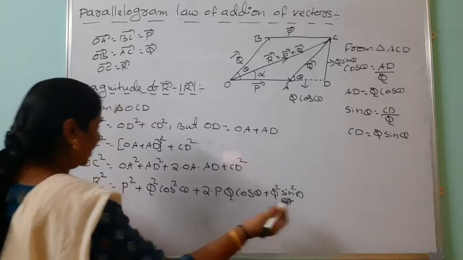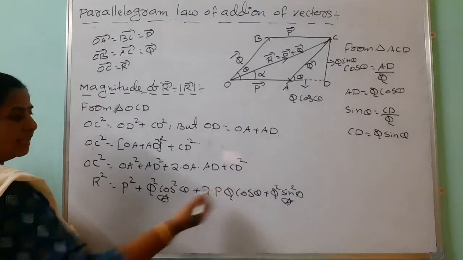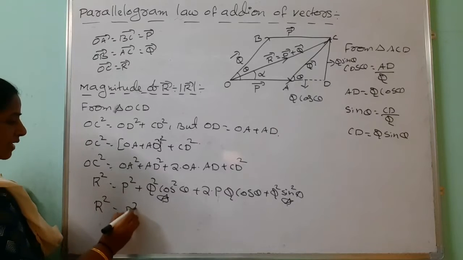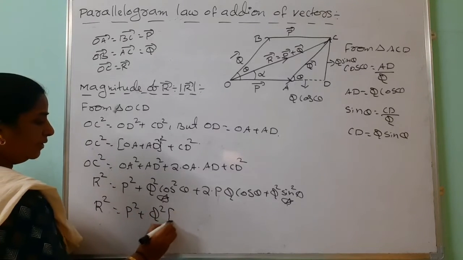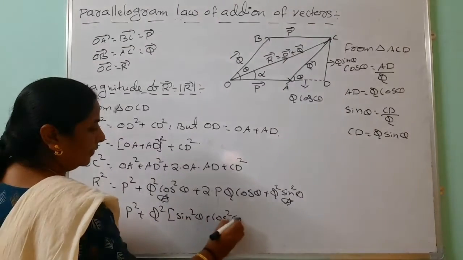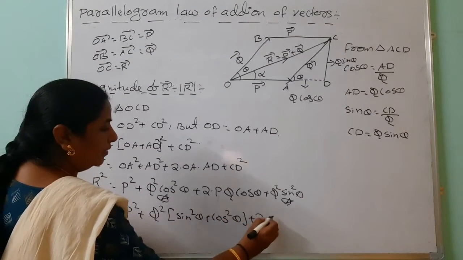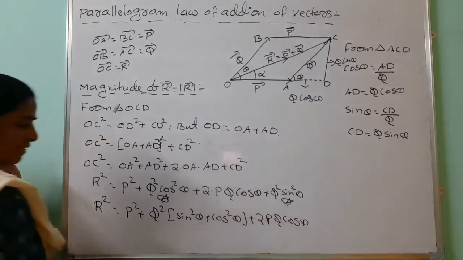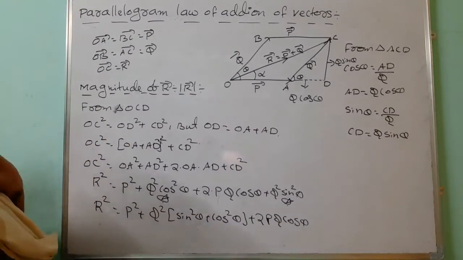Now you see these two expressions. In both cases Q square is common. So R square equals P square plus Q square into sin square theta plus cos square theta, plus 2PQ cos theta. But instead of sin square theta plus cos square theta we can write 1.